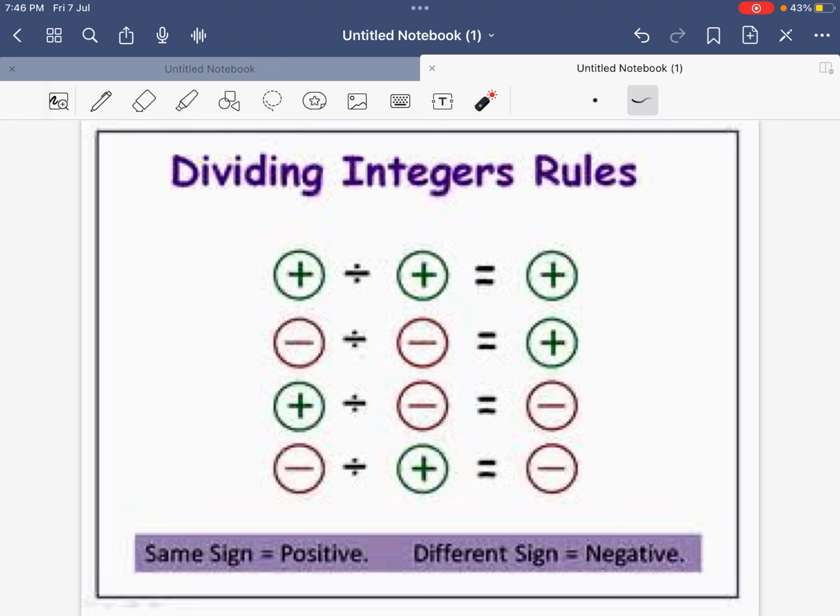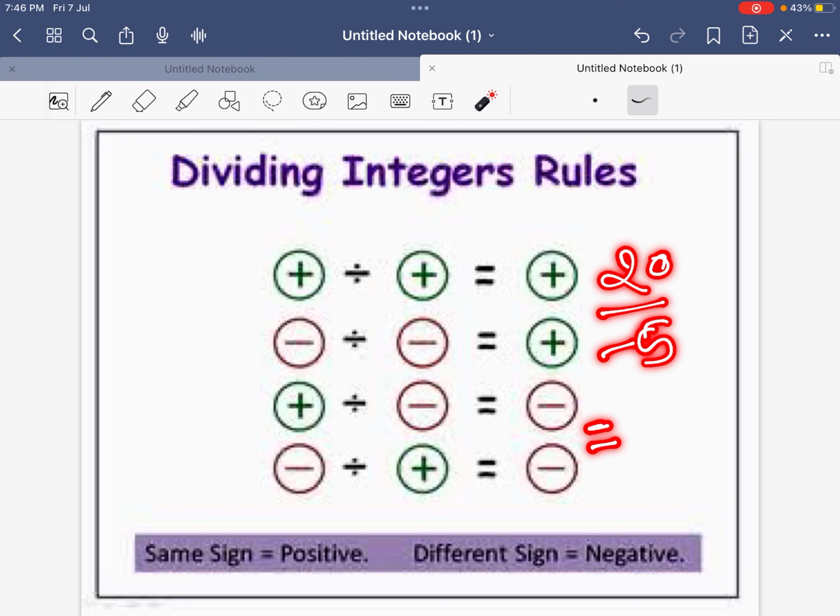Out of that, if any one number is negative, just assume the second number is negative. Write down this one once again: 20 upon minus 5.